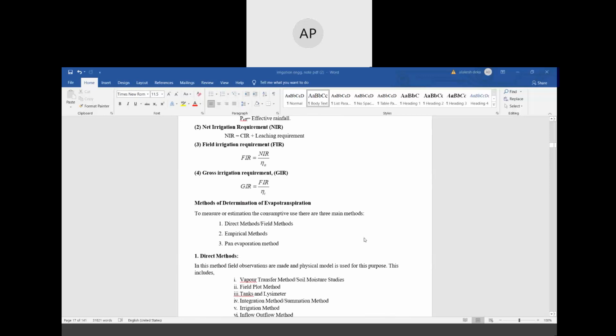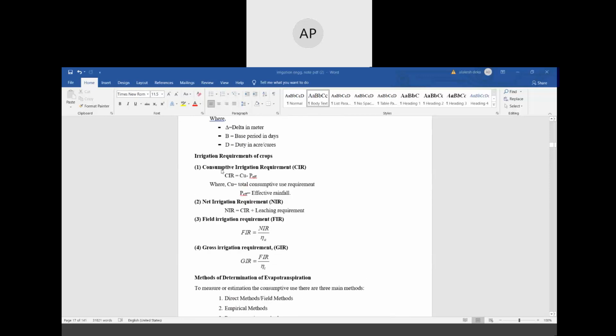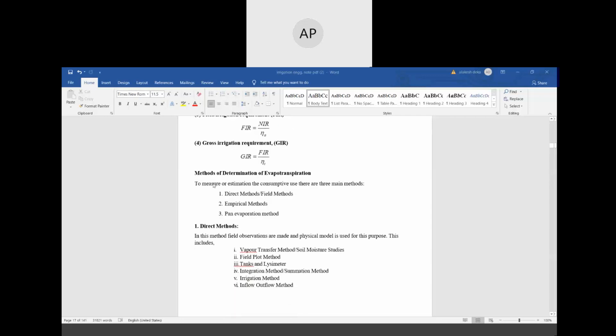Okay, next we have some relationship between irrigation requirements, consumptive use, net irrigation requirement, field irrigation, gross irrigation, and then we have methods of determination of evapotranspiration. What is evapotranspiration? It is the evaporation plus transpiration. Transpiration is done by plant, by the green pigment in the leaf.